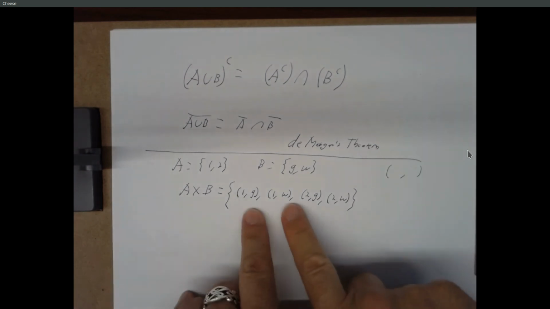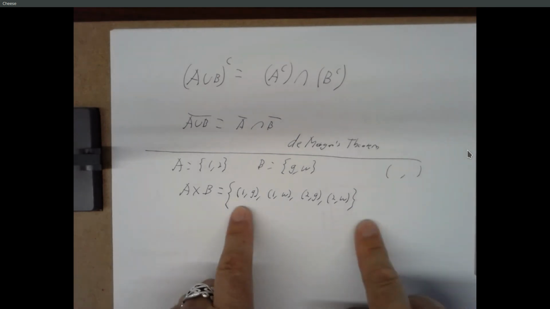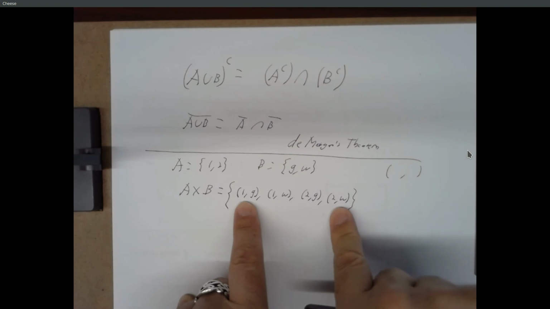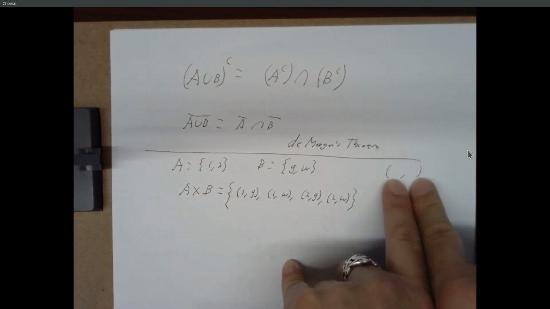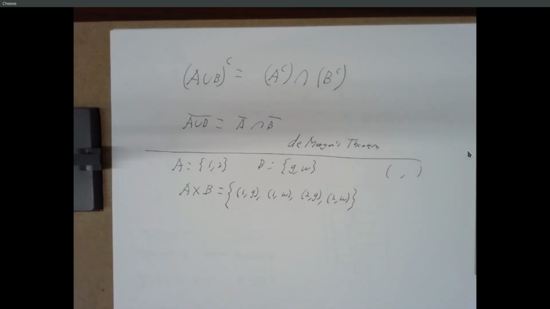And these just happen to be called tuples. So this Cartesian product contains 4 things. Each is a tuple where the first element comes from A and the second element comes from B in any possible combination. All right, and that concept you'll need for one of the homework questions.